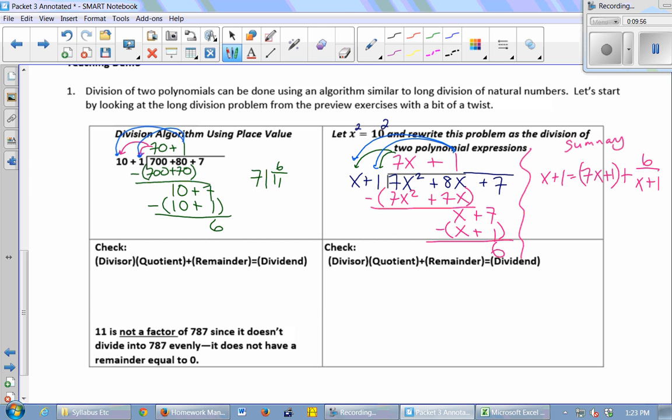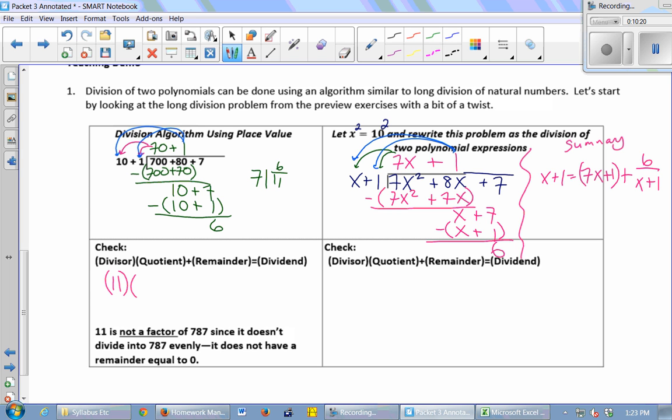All right, so we should check. Let's check with our division algorithm. We always have to make sure that the divisor times the quotient plus the remainder equals the dividend. So we got to remember all the vocabulary from long division. Divisor is the thing you're dividing by. So up here it was 10 plus 1, which is 11, right?